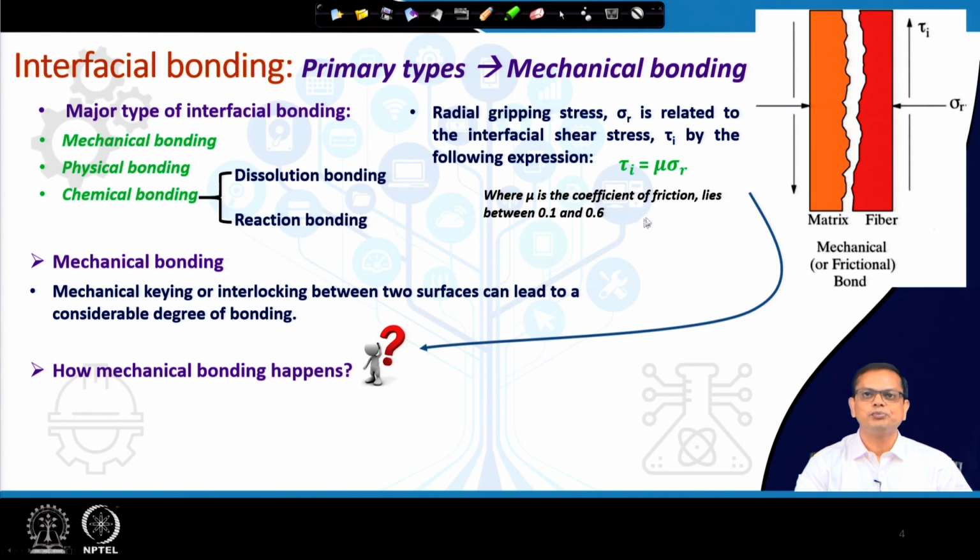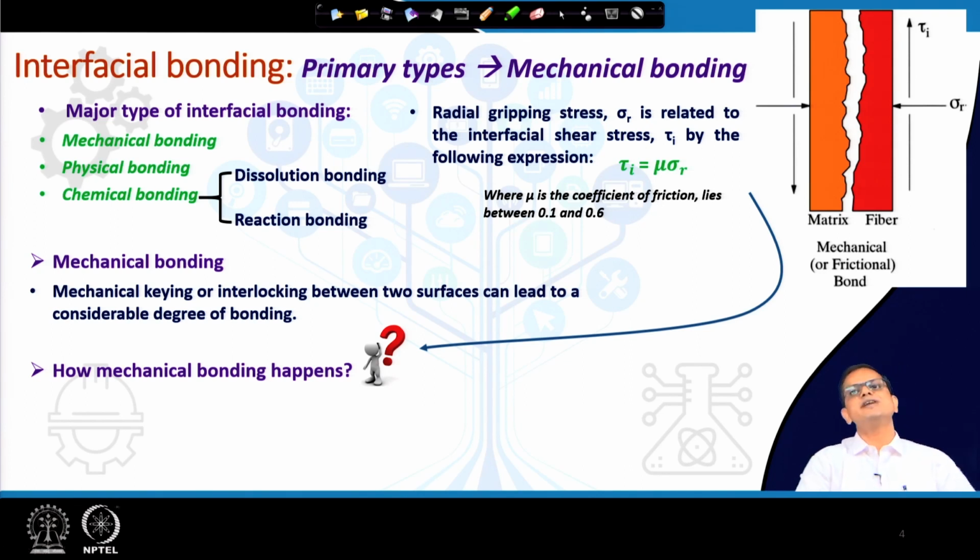Okay. So, what is the coefficient of friction, or how can that be dictated? There are a few factors which control the mechanical bond. Ultimately you can see that the mechanical bonding, or this tau I, the interfacial stress because of mechanical bonding, depends on two factors. One is the radial stress and the other one is mu, the coefficient of friction.